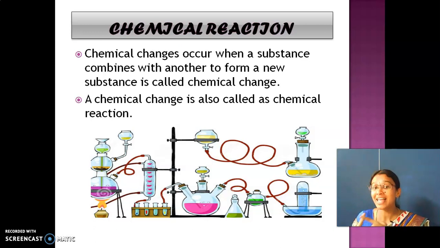Chemical change is also called chemical reaction. About chemical reaction, I told you already: reactants and products. On the left hand side we have reactants, on the right hand side we have products. Both must be balanced.